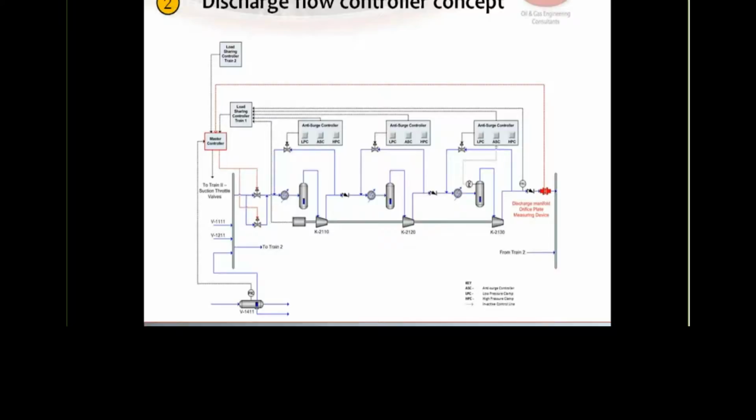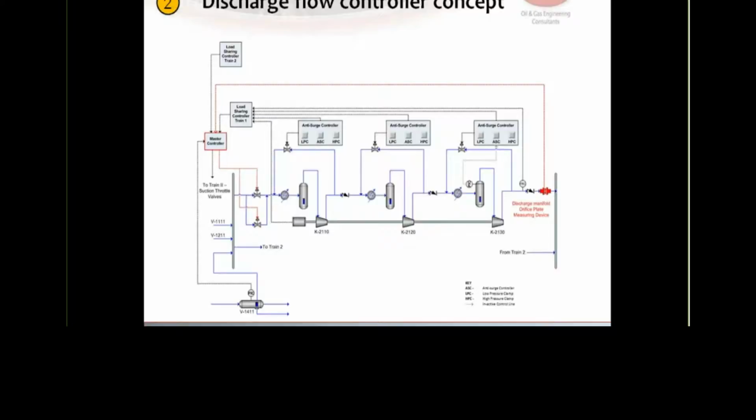It takes the difference in performance out of the load sharing logic and uses the physical flow that the compressors would see. Therefore, if the compressors have different performance, the position of the throttle valve accounts for that loss of performance, and it gives a more reliable, more evenly distributed load.